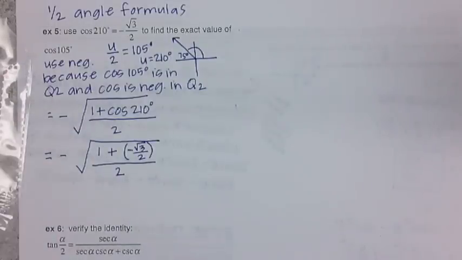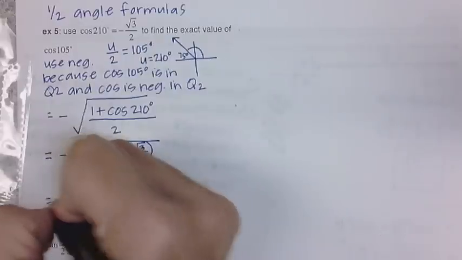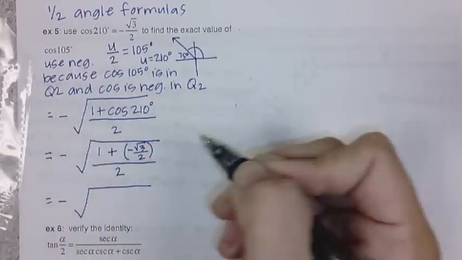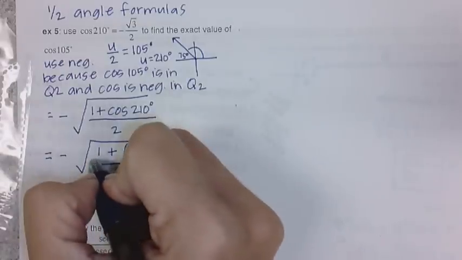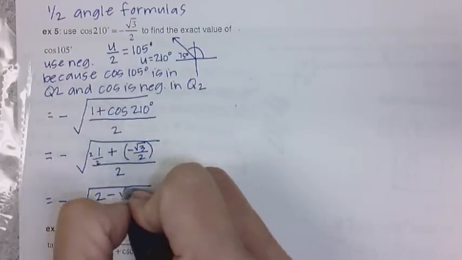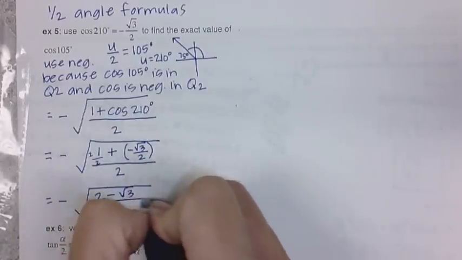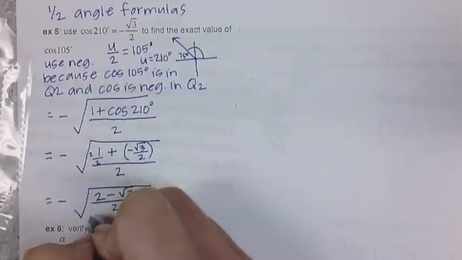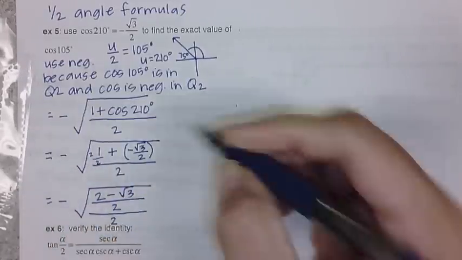And so from this point, just like the last problem, it's just simplifying properly. So we're going to go negative, these need a common denominator, so this would need a 2 and a 2, so it's going to be 2 minus root 3 over 2, so that's the numerator right there, and then I still have this denominator of 2.